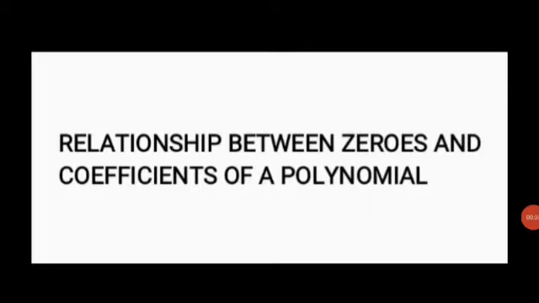Hello children. In the last video, we studied the zeros of a polynomial and we already know about coefficients of a polynomial. Now we are going to study the relationship between the zeros, that is the solutions, and the coefficients of a polynomial.